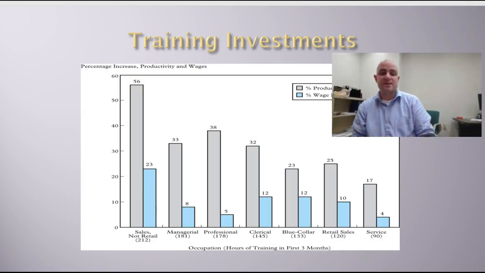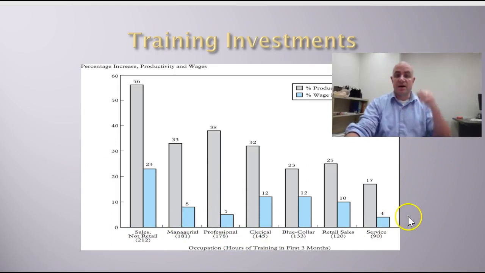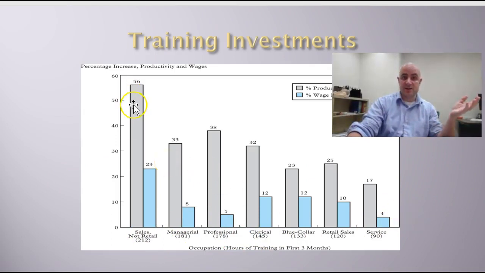So if you look at the training and post-training wage, this shows the percentage increase in productivity and wages over time. You can see that in different professions where there is a certain amount of training, the productivity resulting from that is going to be higher in all these cases than the increases in wages that the employees are getting.